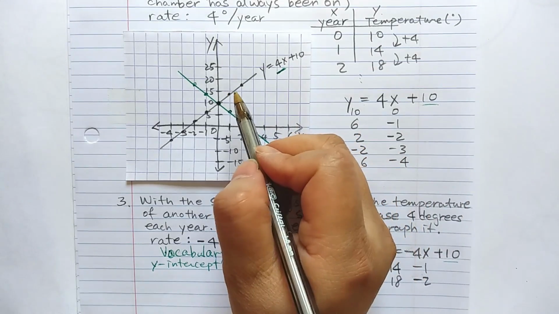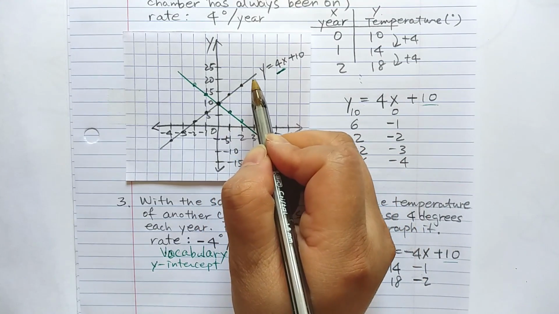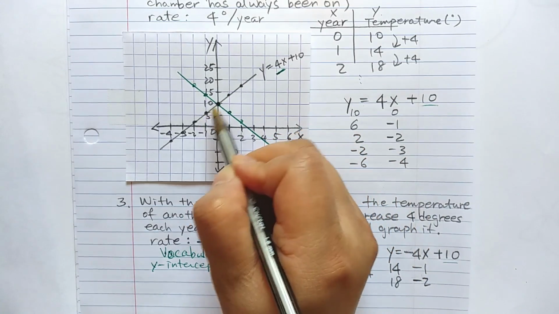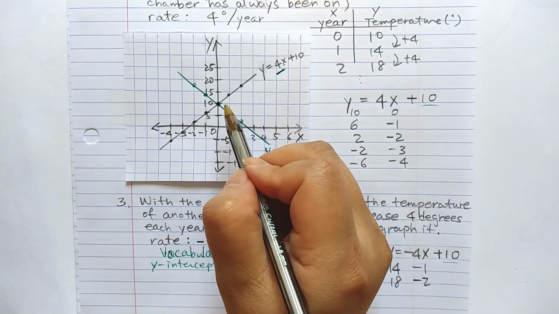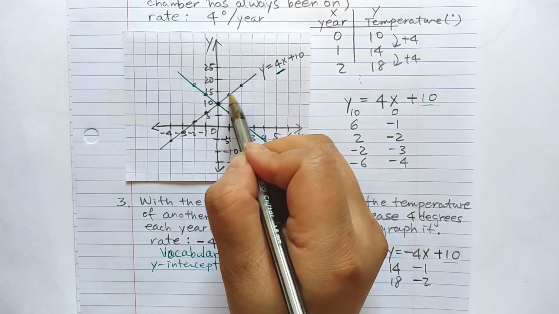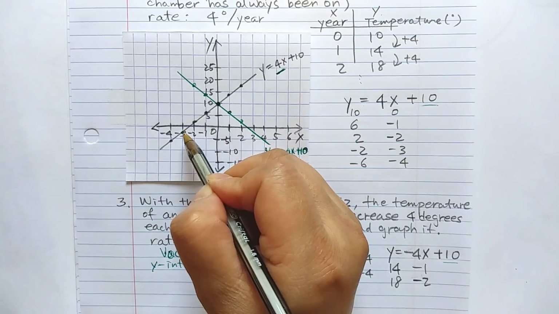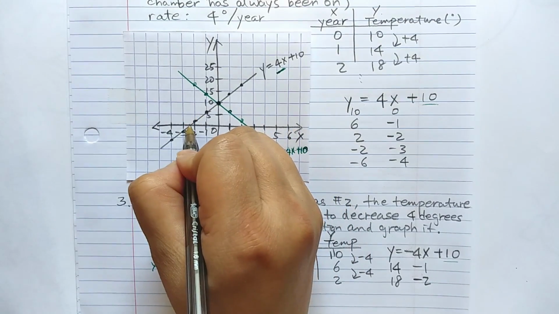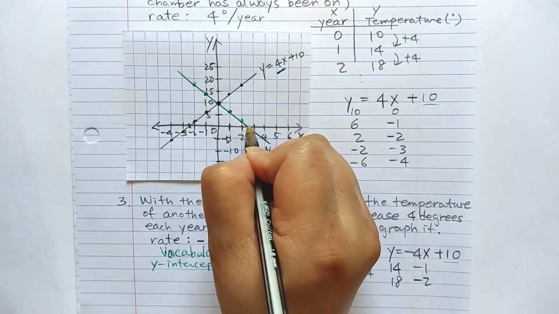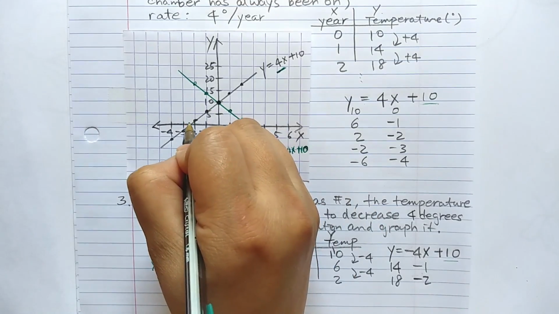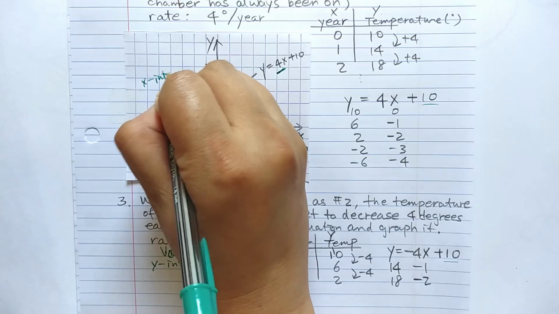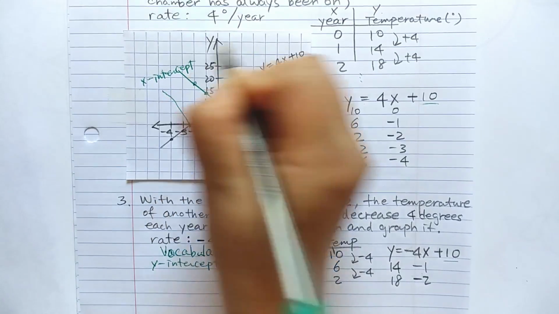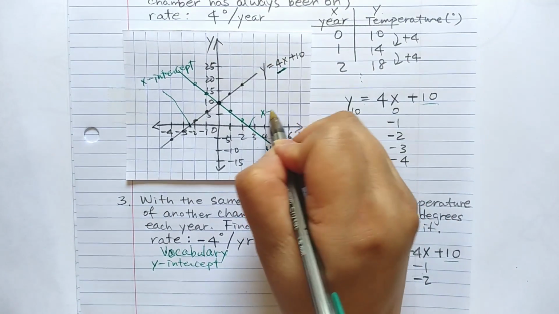If we call the point where the graph crosses the y-axis y-intercept, what do you think we call the point where the graph crosses the x-axis, which is right here or here? We call it x-intercept.